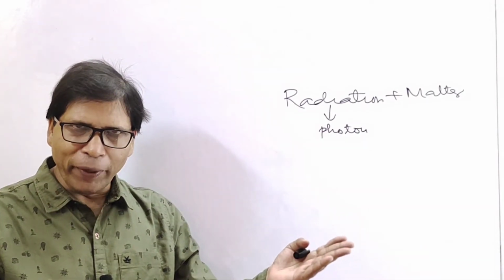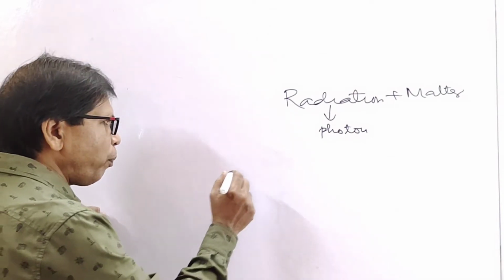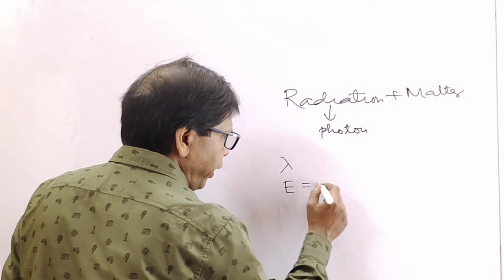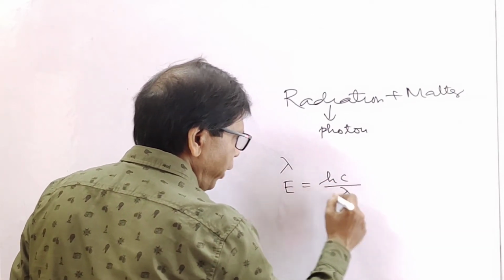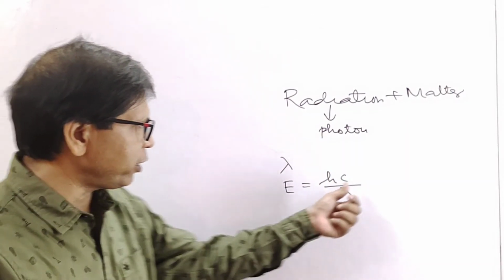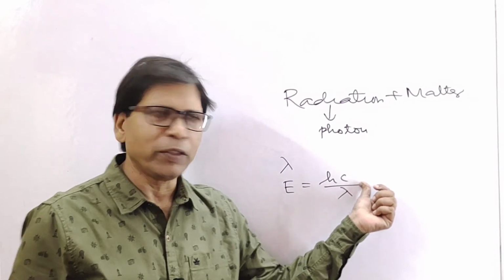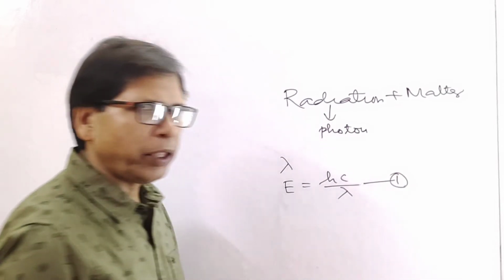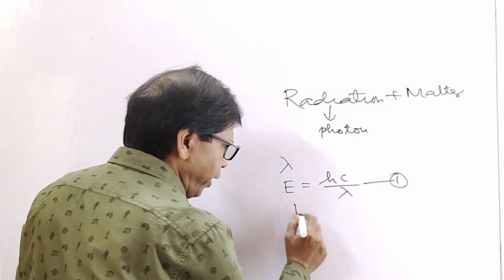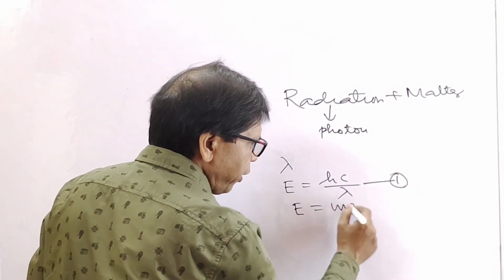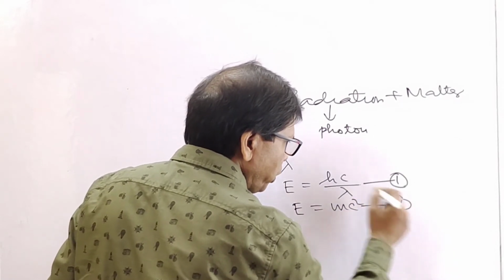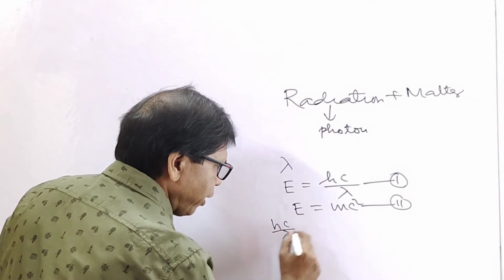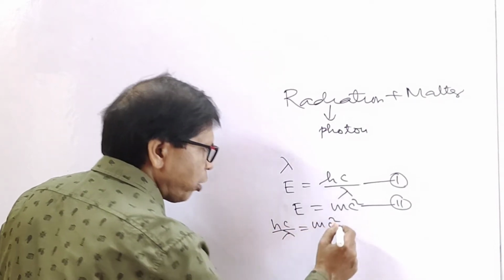Now, wavelength of matter wave. The energy of a photon of wavelength lambda is E equal to hc by lambda, where h is the Planck's constant and c is the velocity of light in vacuum. Now, according to Einstein's theory of relativity, energy E is equal to mc square. Therefore, if we equate this and this, we get hc by lambda equal to mc square.